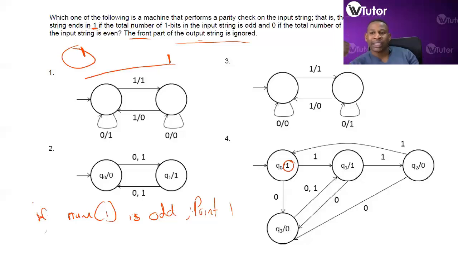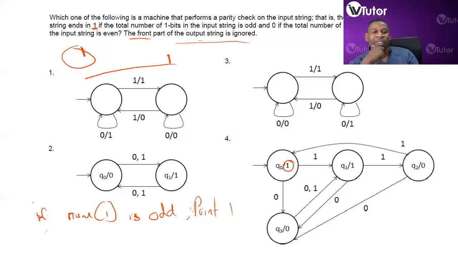There are two ways, and this is how I understand the question. If you have an even number of ones and there's a 1 at the end, then that is correct. But if it accepts a word with an even number of ones and 0 is at the end, then it is not correct.